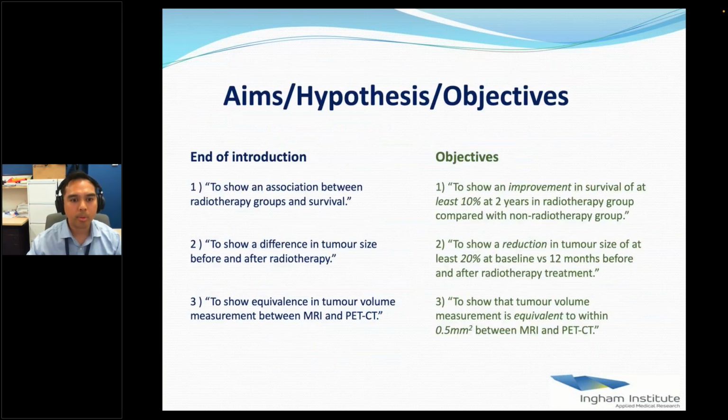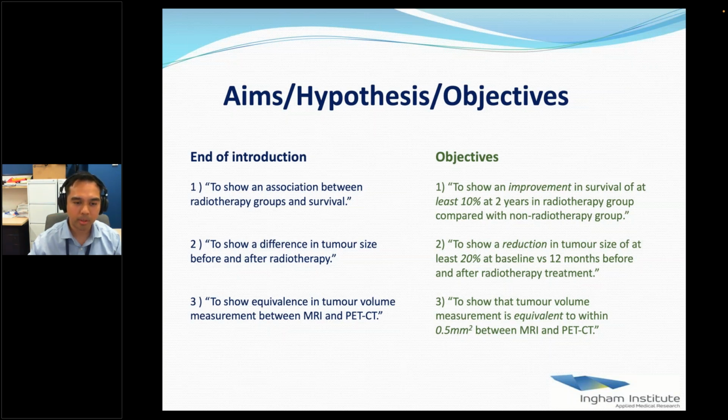Here are some examples. On the left are statements that you might see towards the end of your introduction, maybe in the last paragraph before you move on to your methods, which summarize what you're trying to do in the study. The first example is that we want to show an association between radiotherapy groups and survival. What I would like to see, early on in the methods or wherever you list your objectives, is the same statement but with quantitative and directional information alongside it.